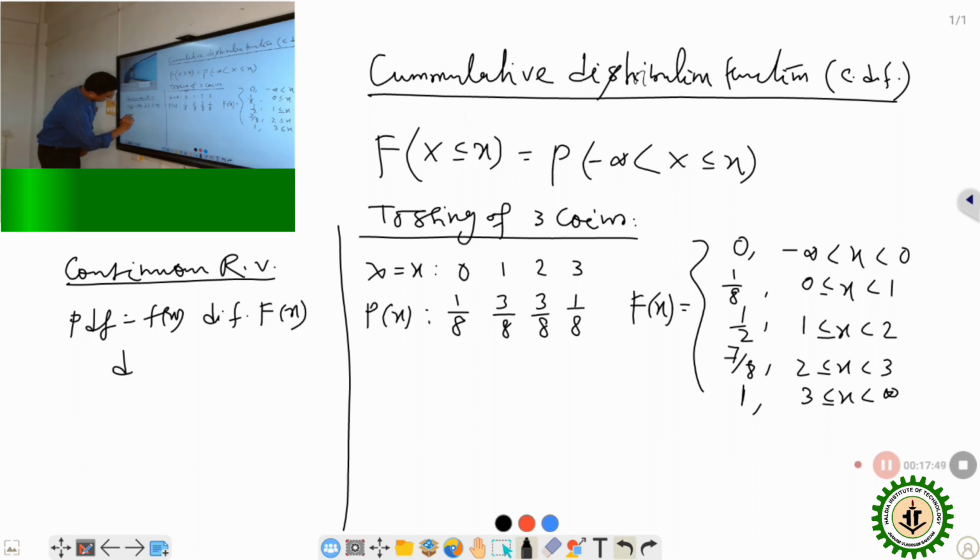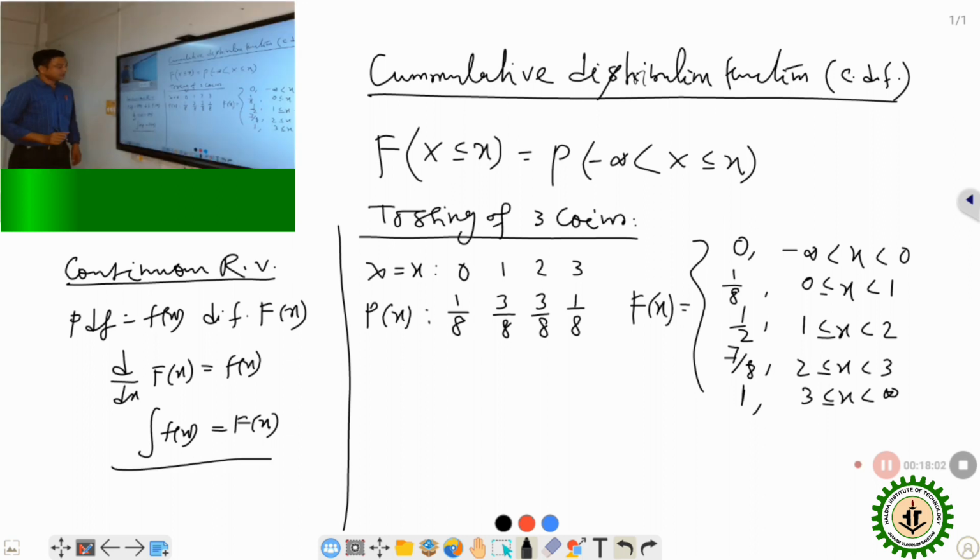Then d/dx of F(x) equals f(x), and similarly integration of f(x) equals capital F. These two things you can get. So here the same thing will happen as in the discrete random variable, only you need to use the integration.